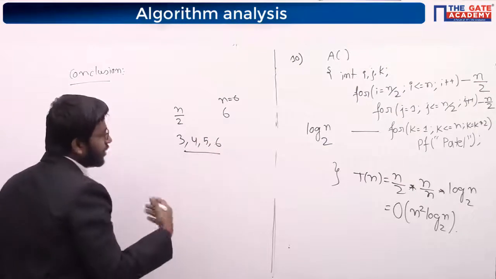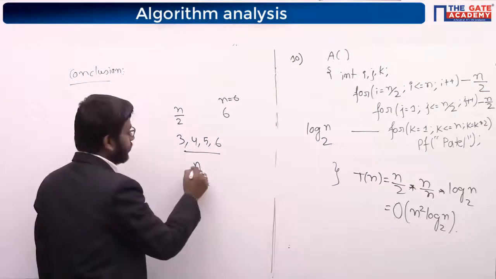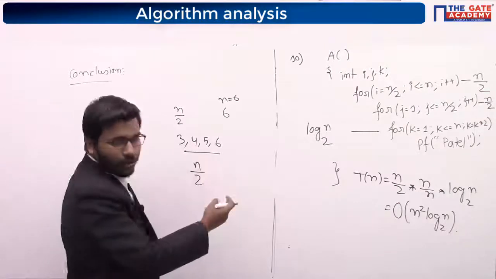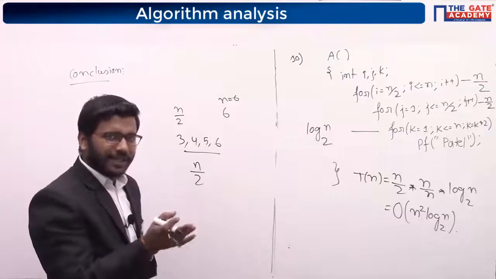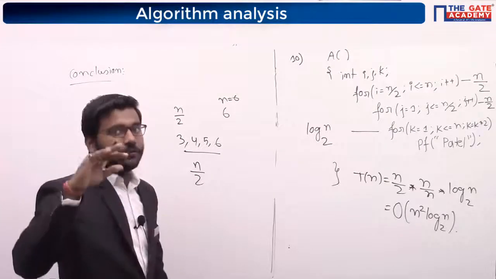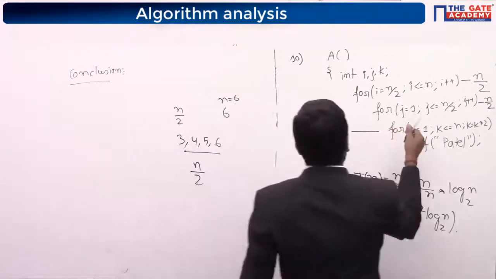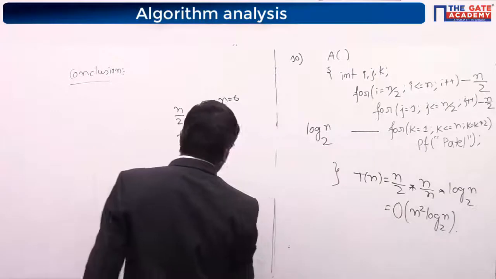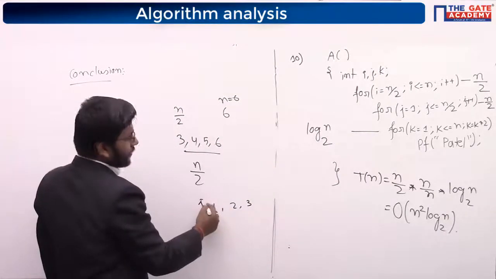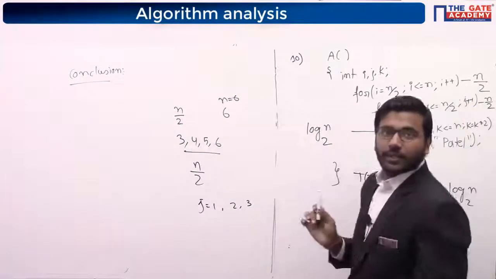So it is going to run for half of the number, for n by 2. If it is one more, then also you will take it as n by 2 only. It is asymptotic notation, not the exact one; we are giving the upper bound. So here n by 2 times, and here like 1, 2, 3, j is running up to 3 like this. That's why this is running n by 2 times and that is running n by 2 times.